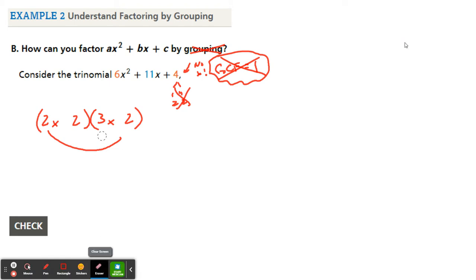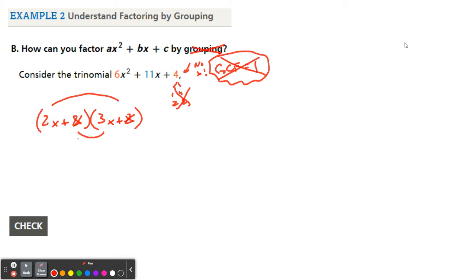Again, this is for my people who are good with their mental math. This is how I learned. So 2 and 2 is 4, 2 and 3 is 6. Everything's positive, so I'm going to add them. 4 and 6 is 10. Well, that's not right, so it's not going to be those two. So I go back to the drawing board. It's not 2 and 2. What if it's 1 and 4?